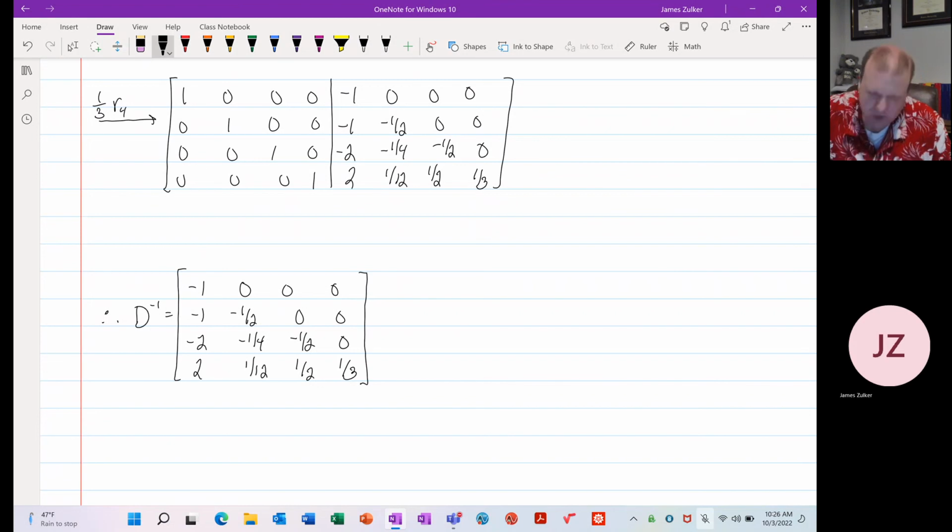And of course, you can always check that the inverses are correct, right? By, in this case, doing D times D inverse and then D inverse times D, and show that you get the 4x4 identity in both cases.